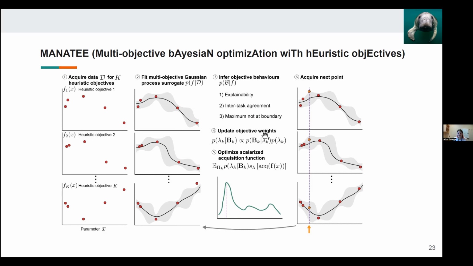Then we compute these posterior probabilities for an objective being useful that act as objective weights in our algorithm. And then we use these weights to update our overall optimized expression. Here, this is an expected scalarized acquisition function, shown in green. When we optimize that, that tells us where we should sample next, and we acquire the next point and continue for the desired number of steps.